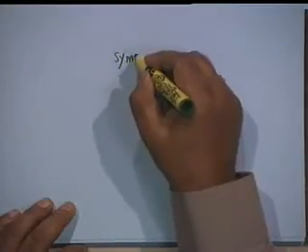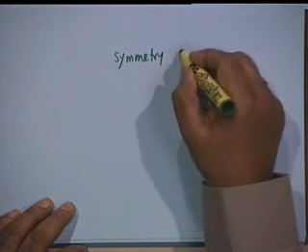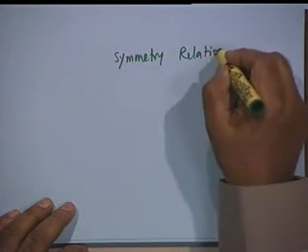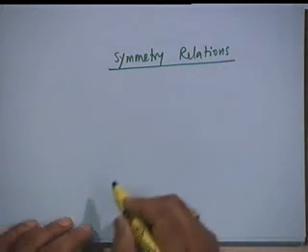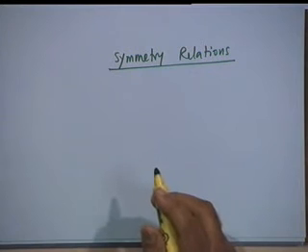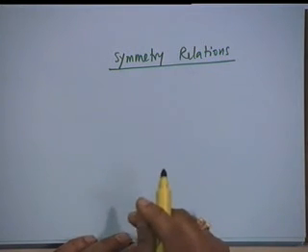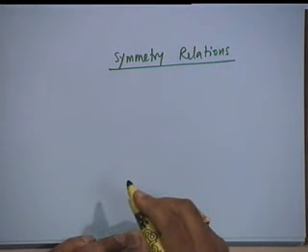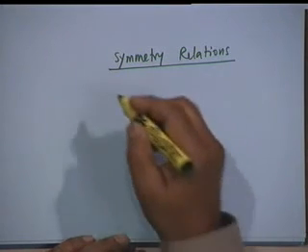I shall conclude the class with some symmetry relations, and this also I strongly urge you to prove each of them. The proof is simple, particularly in the first two cases. It may not be so in the later ones.